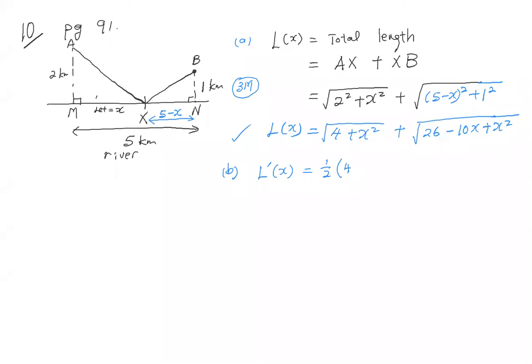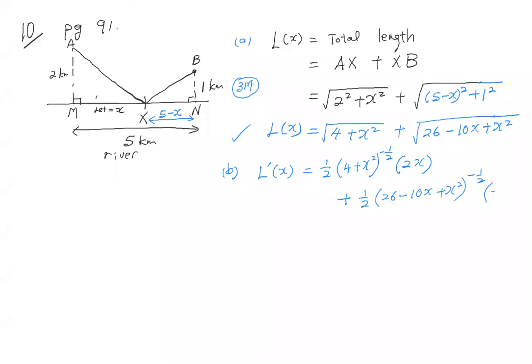Copy down the whole thing. Power take away 1. Times by the derivative of whatever is inside. Same goes with the other one. Bring down the power. Copy down the whole thing. Yes, some of you, I think you have done it.